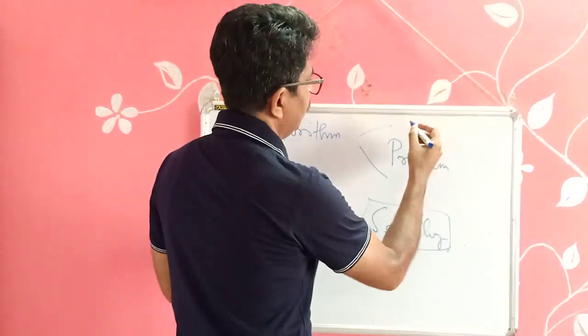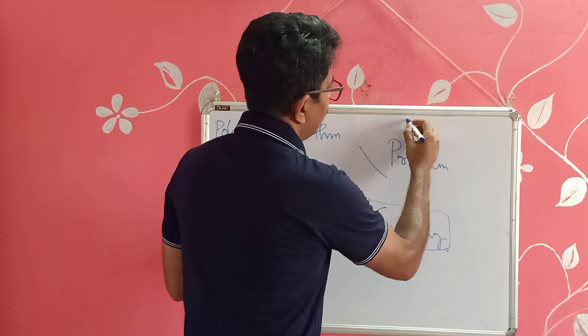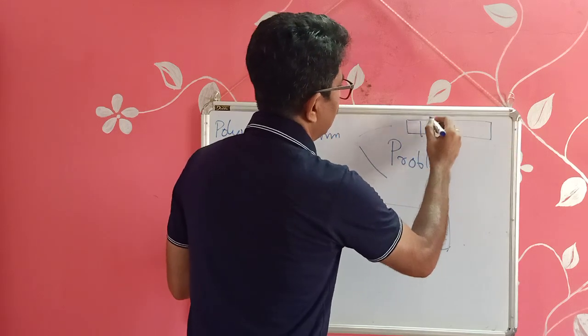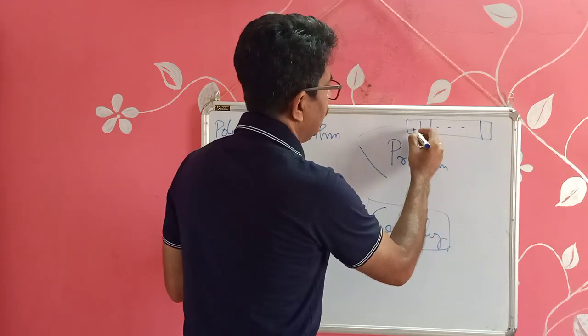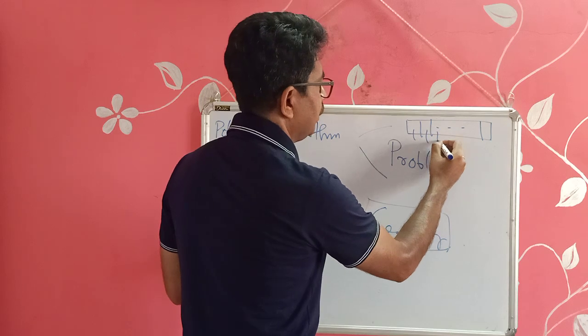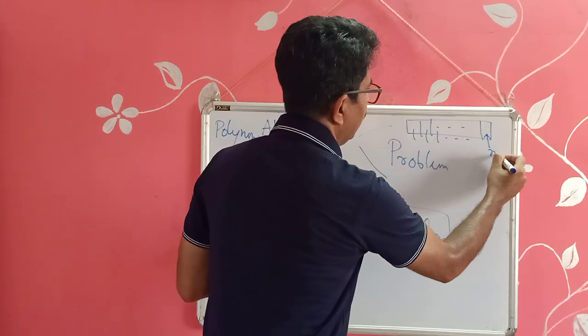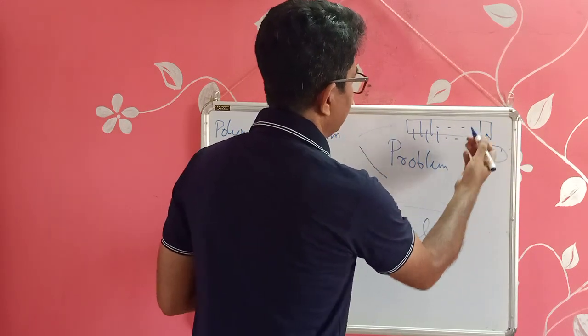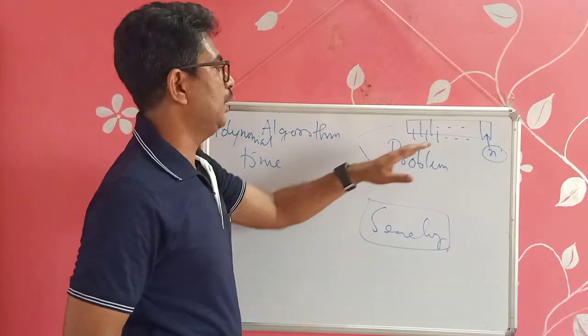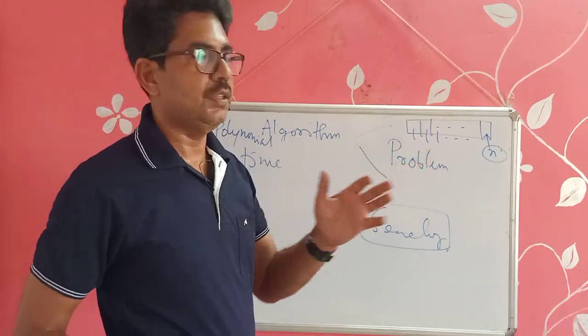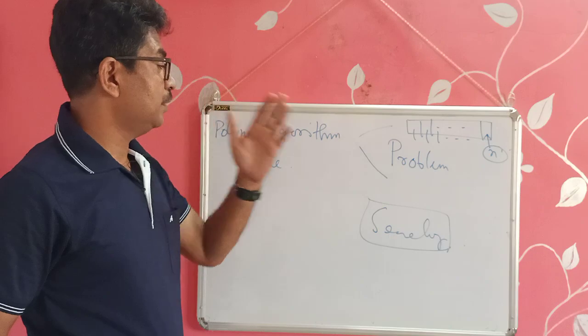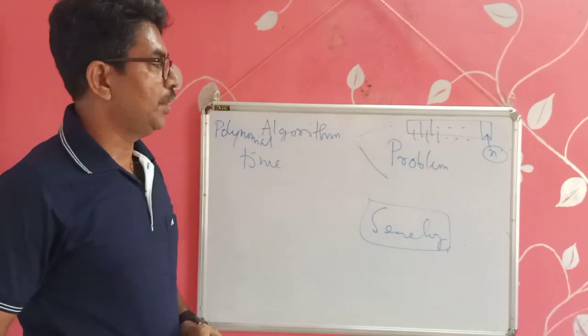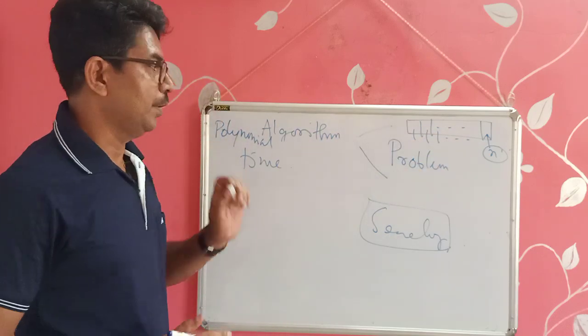One thing we can do is search through all the elements one by one. First we check this, then continue up to n. If the element is present, we say yes, the element is present in the list. If not, it is a failure, and hence the element is not present in the list.